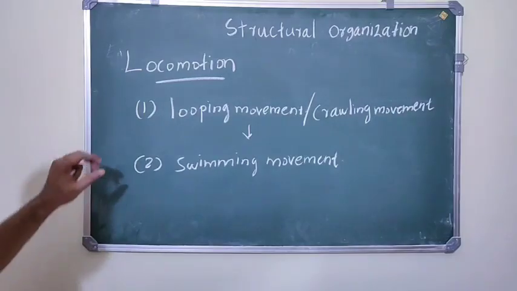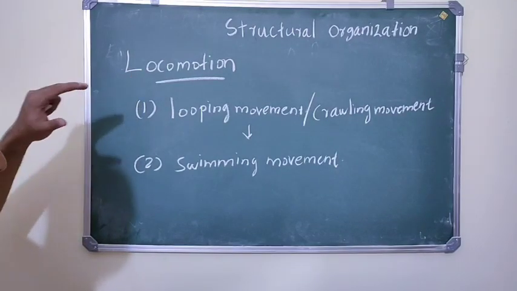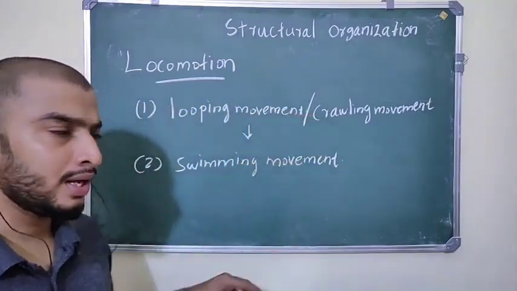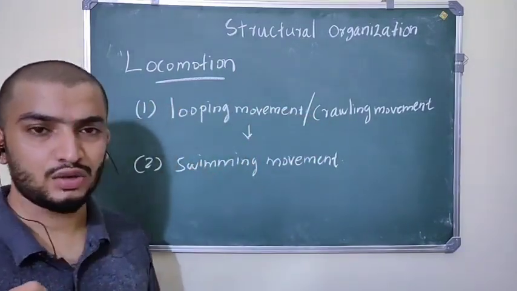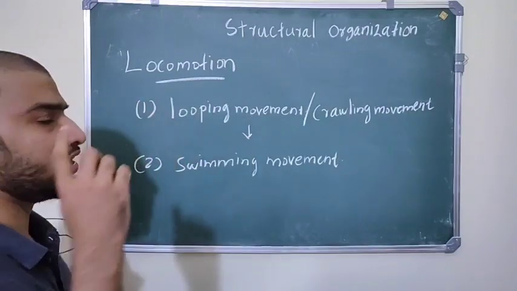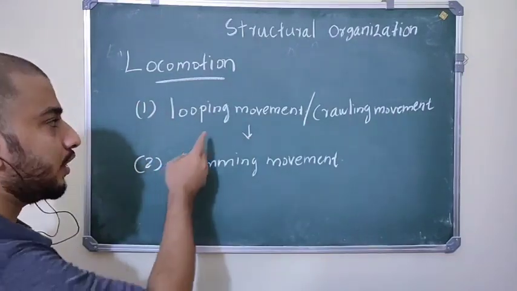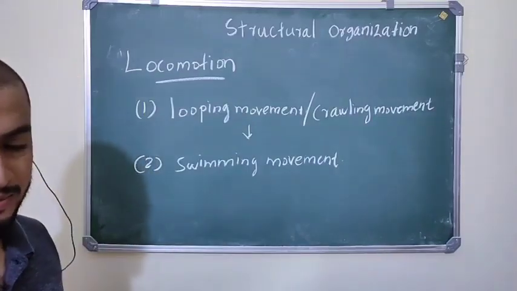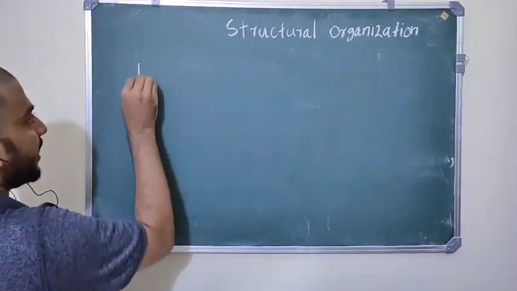Basically, locomotion in leech: if you observe a leech, you can see two types of movement, looping movement or crawling movement. The contraction and relaxation of the circular and longitudinal muscles help in looping movement, and swimming movement is also present in leech. We are going to discuss the digestive system.